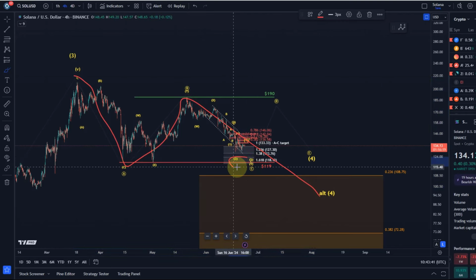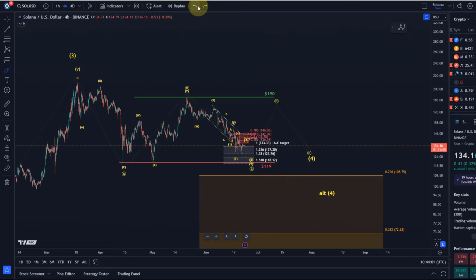And if it breaks the $119 pivot, then yeah, it's a larger ABC. So that would be our signal that we're dealing not with a triangle, still with a wave 4, probably. I mean, everything is probabilistic, right? There are no certainties anyway. But it would then not be a triangle, that would be for sure. It would then most likely just be an ABC, but it wouldn't necessarily go down all the way to $72.